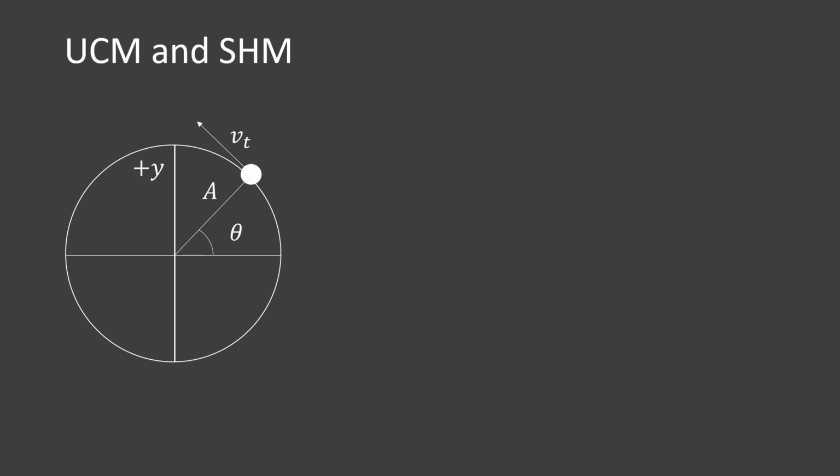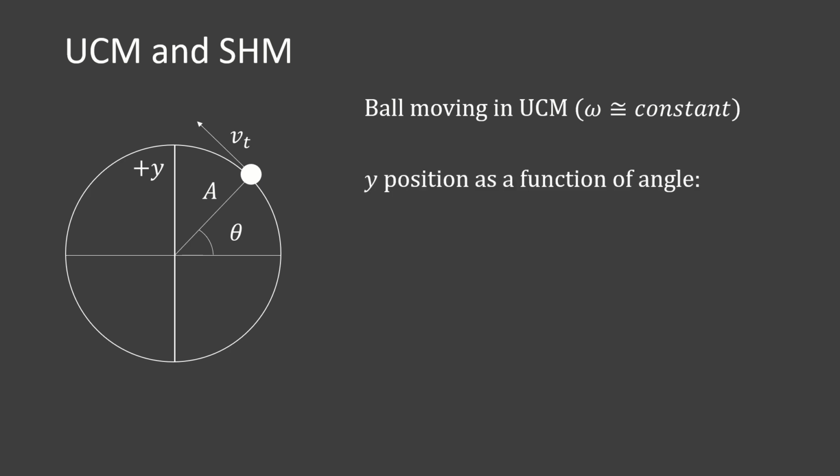So all in all, we have this particle that moves in UCM. If velocity is constant, since we're not considering the radius changing, omega, the angular velocity, also has to be constant.